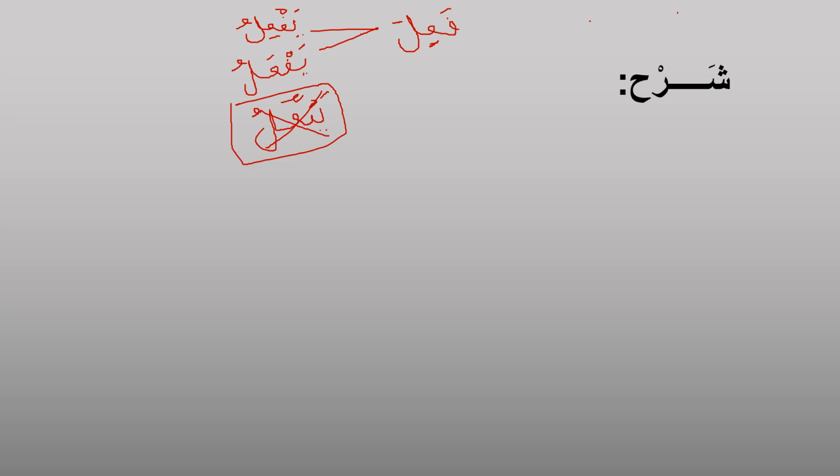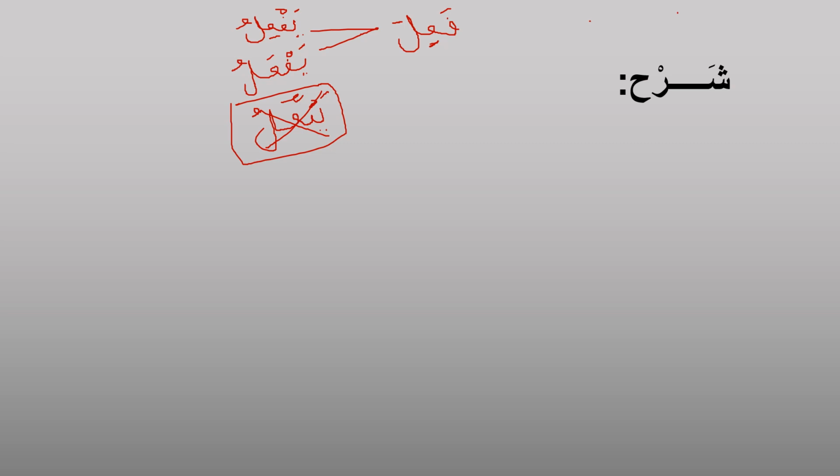It's only possible for us to have fa'ila yaf'ilu and fa'ila yaf'alu. Definitely, any verb you see as fa'ila, like fariha, marido, la'iba, sawida, hamira, and so on and so forth, any verb that you see under this fa'ila template has only two possible outcome.